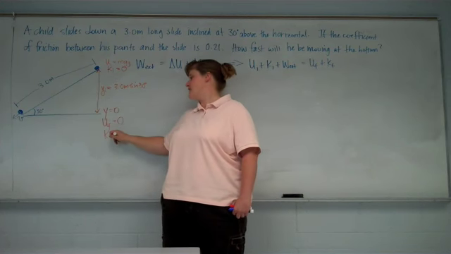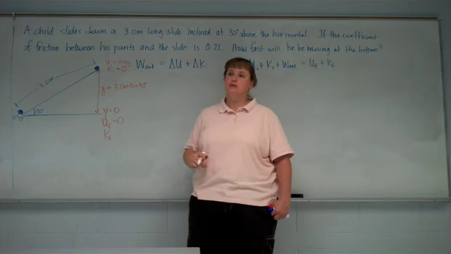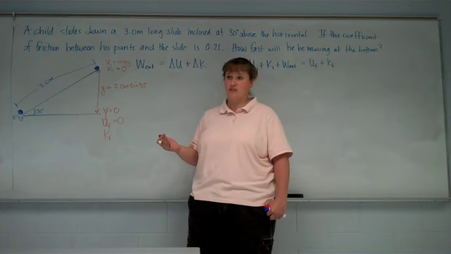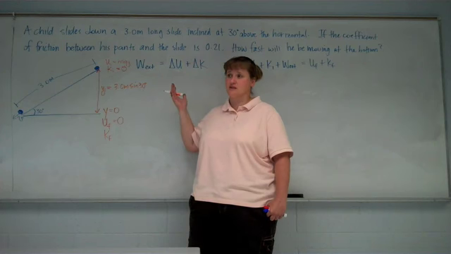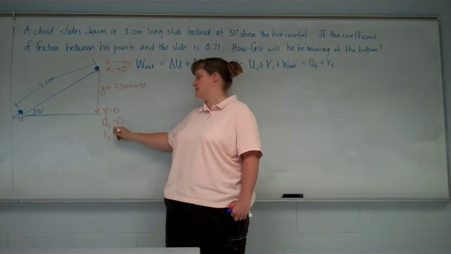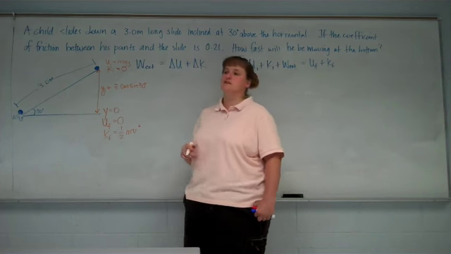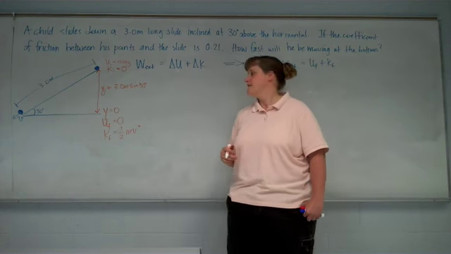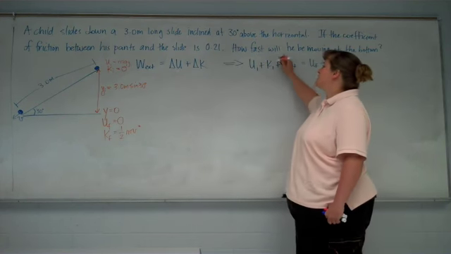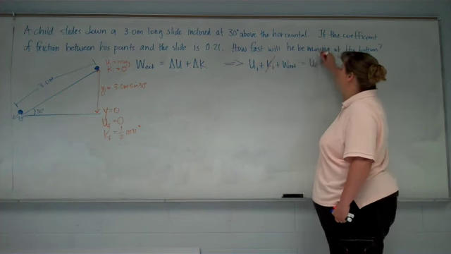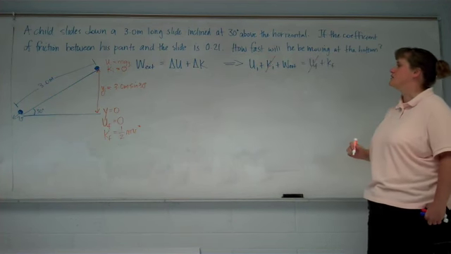Finally, at the bottom of the slide, we're assuming that he's moving, since we've been asked for how fast he's going. So I'm going to make the assumption that he's moving. So that means he will have kinetic energy. So initial kinetic energy is 0, final potential energy is 0.